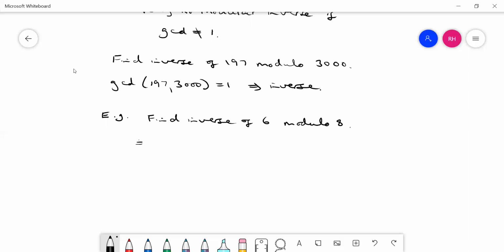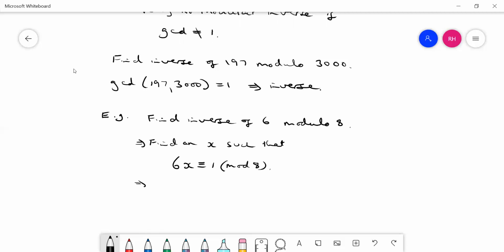Well, that means we need to find an x such that 6x is equivalent to 1 modulo 8. After all, that's what it means to be an inverse. When we multiply 6 by this x, we get 1.